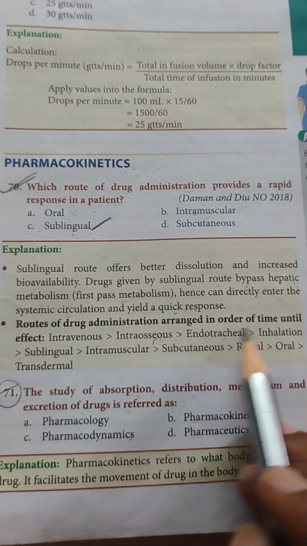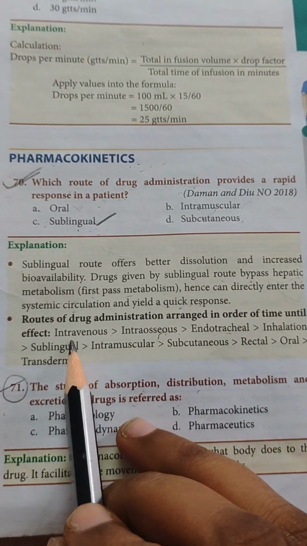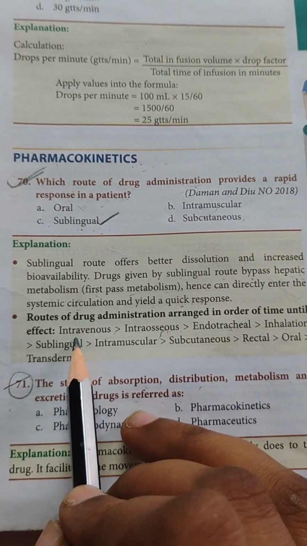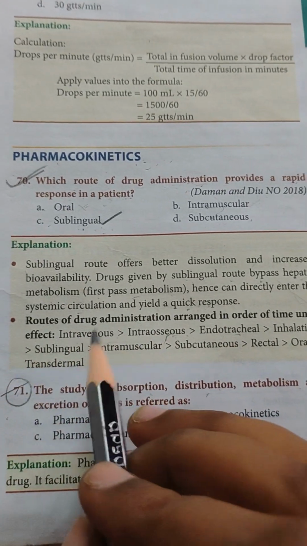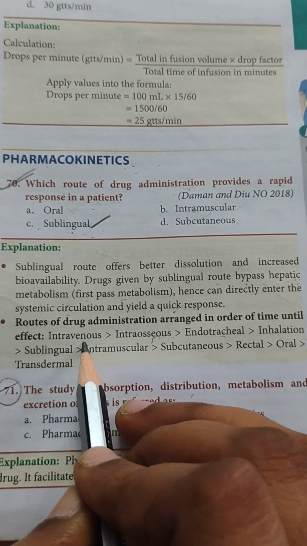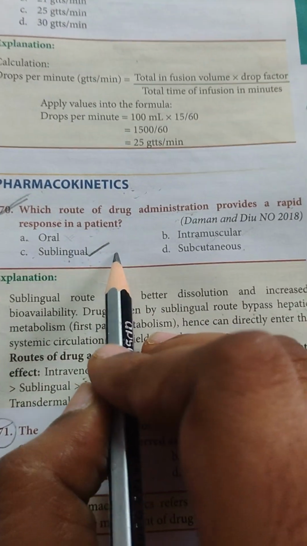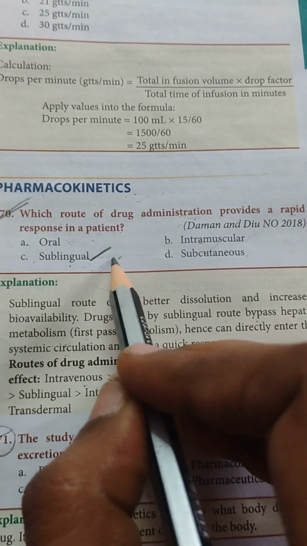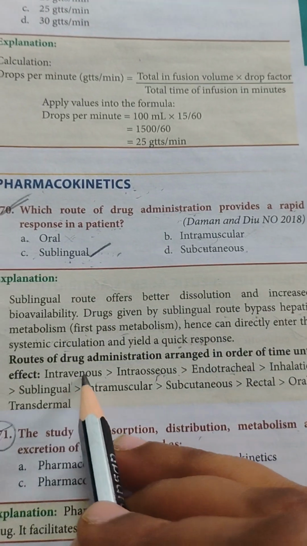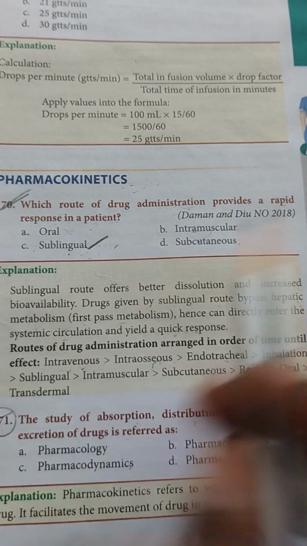Based on the rapid response, here we have the routes of drug administration. First, intravenous has the rapid response. Here they didn't mention IV, but if they mention it, intravenous IV is the first.